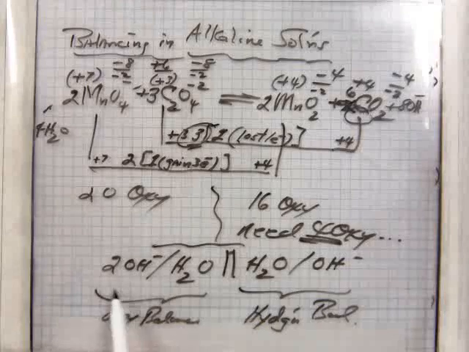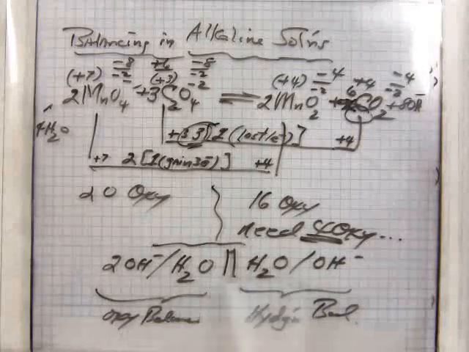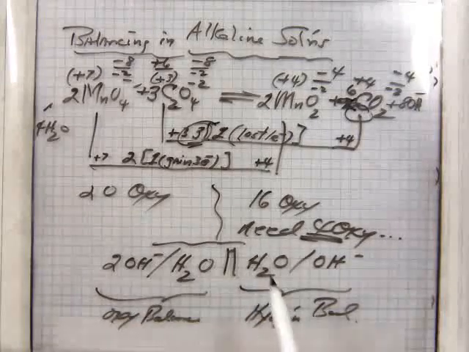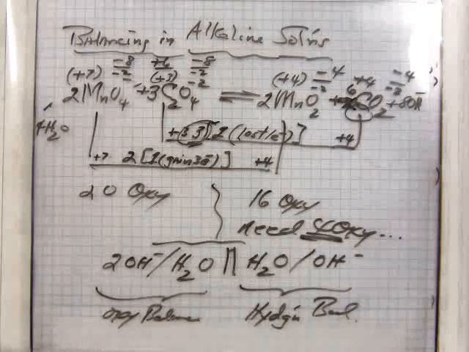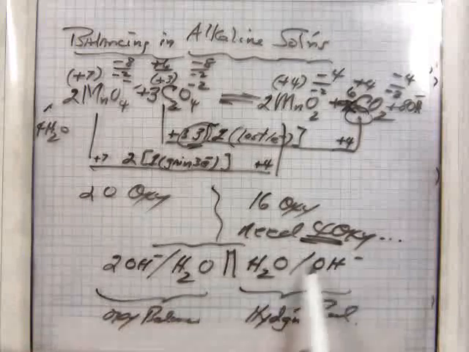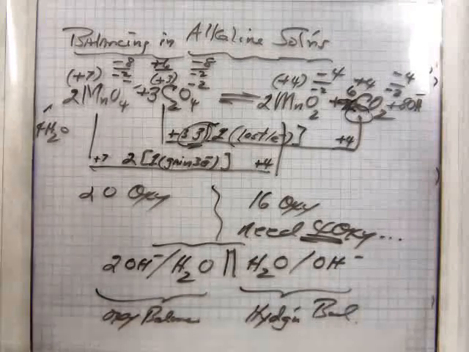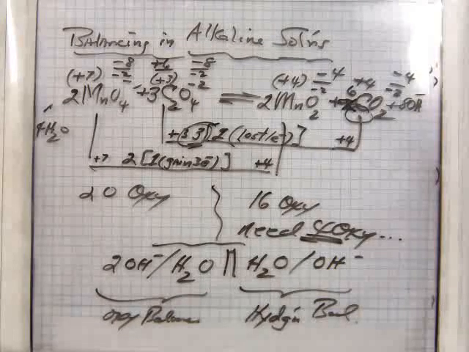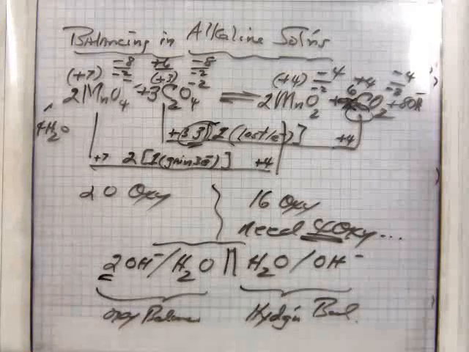If you can mentally see this OH, H2O, H2O, OH, because the first two balance the oxygen, and then the second two is the procedure for balancing the hydrogen. But don't forget to put a 2 out front of it, because that's the side that needs oxygen.